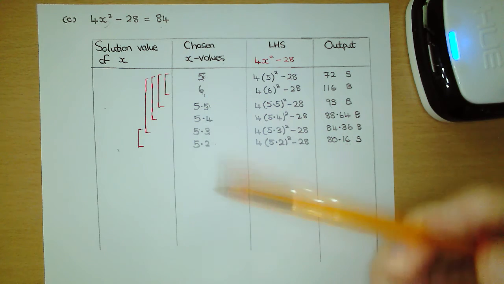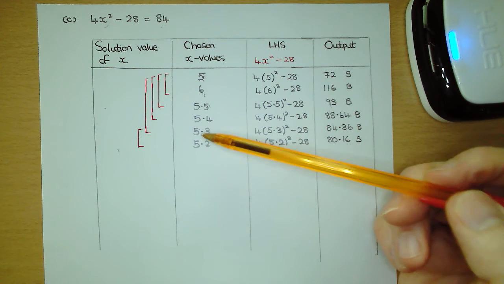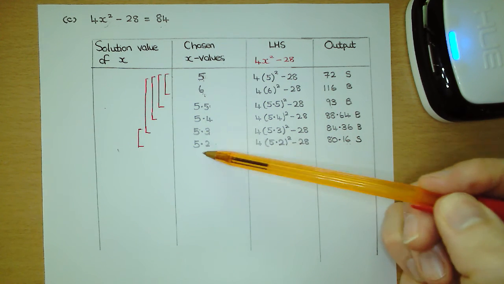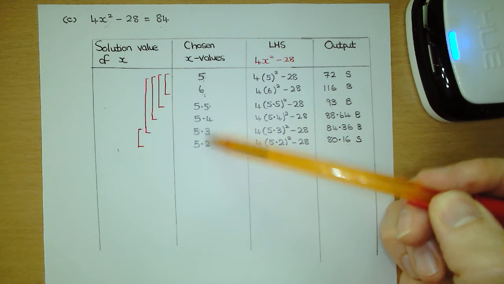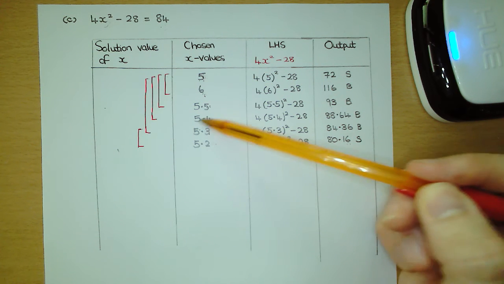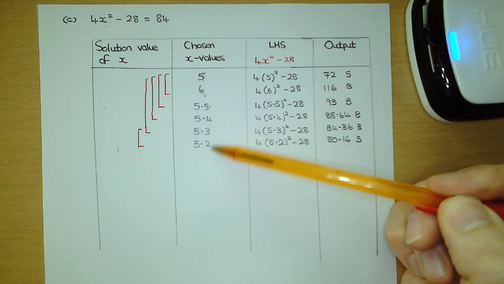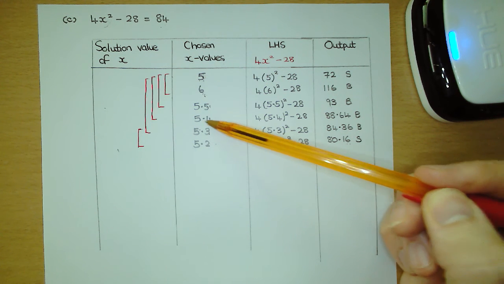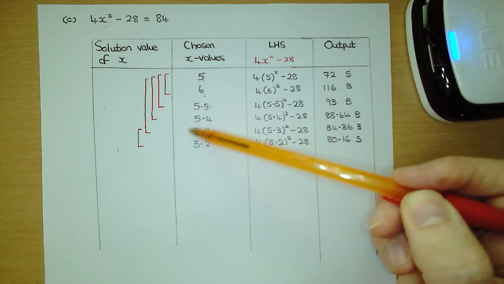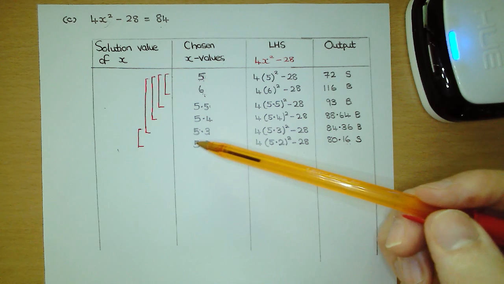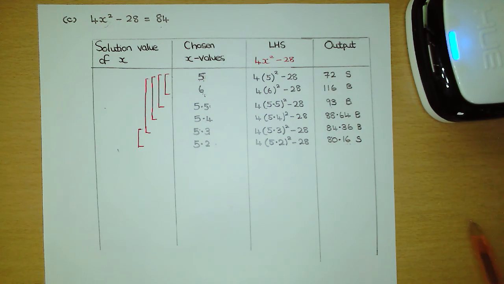Now, the next x value we choose depends on what the x values are at each end of the gap. So the x values at each end of the gap have the same number of digits and their last digit differs by 1. So we now pick an x value that's halfway between them. So halfway between 5.2 and 5.3 is going to be 5.25.